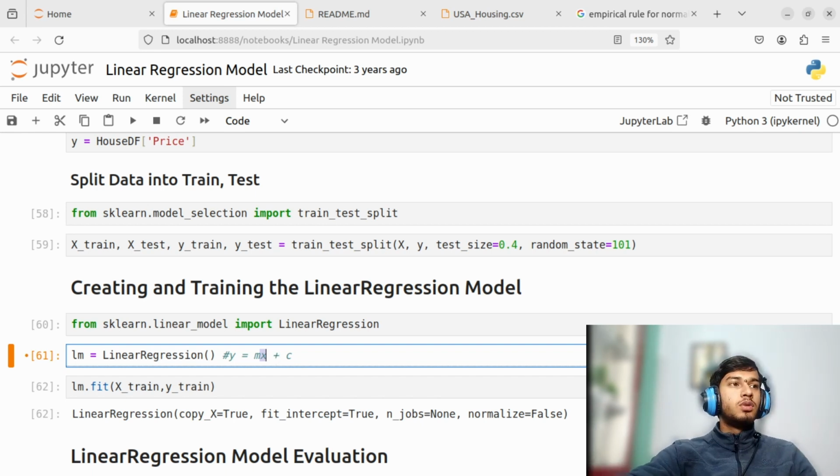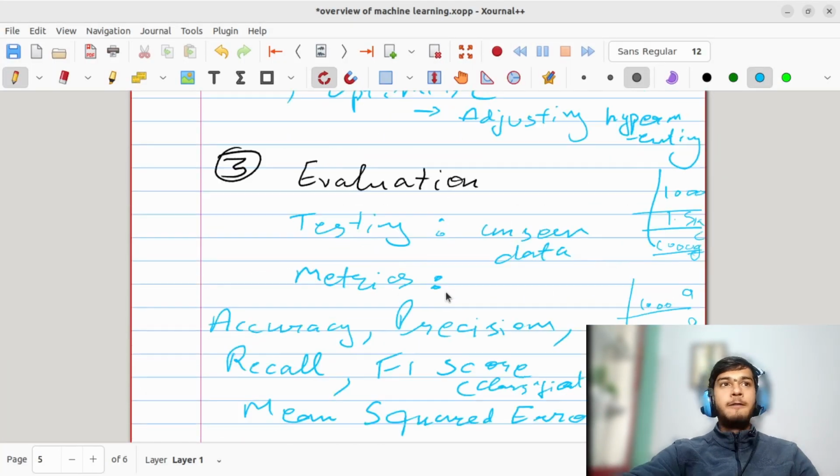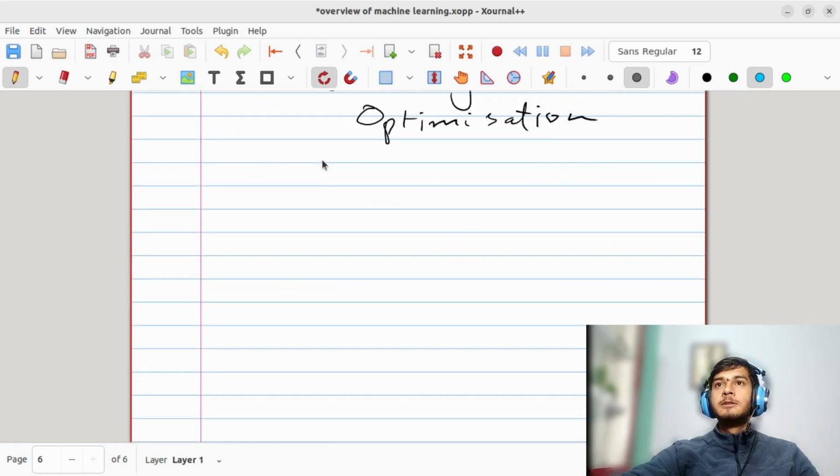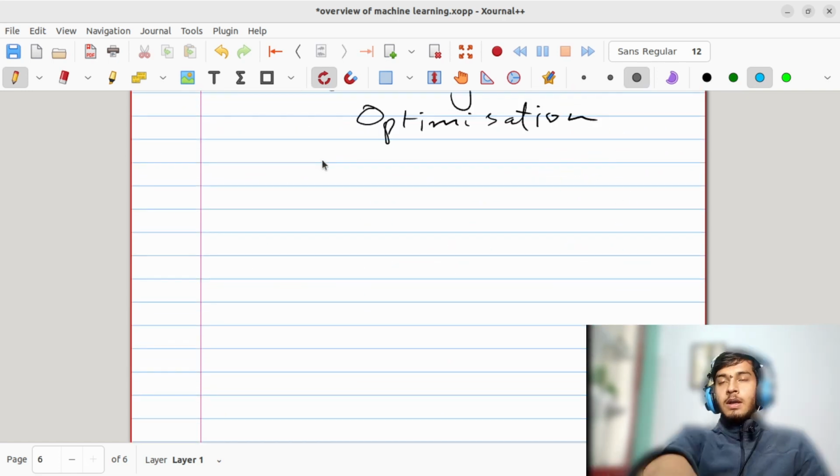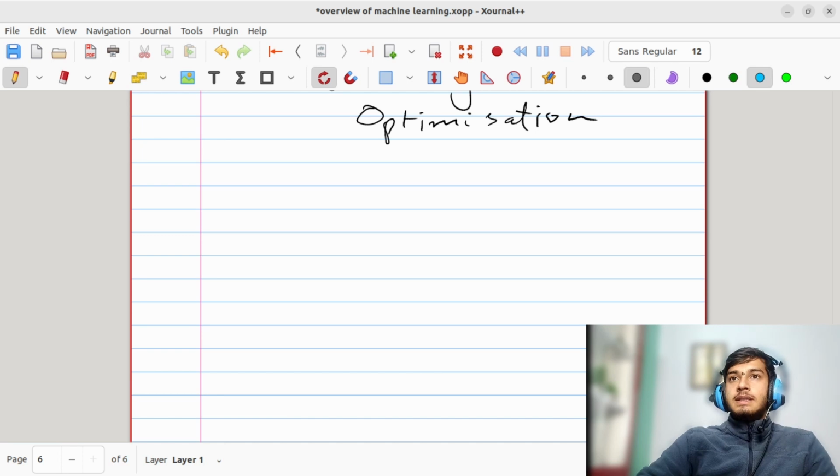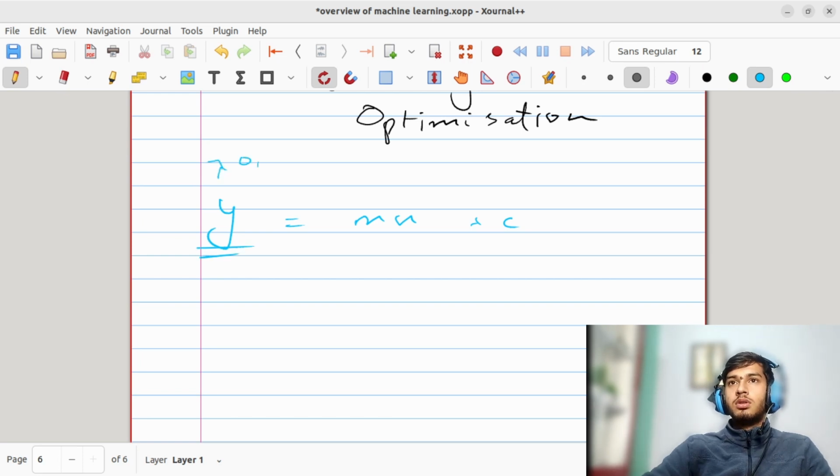To explain how this works, I have to explain this equation. We have y is equal to mx plus c, right? In this equation, y is your output, and x is not exactly your input, but your independent variable.